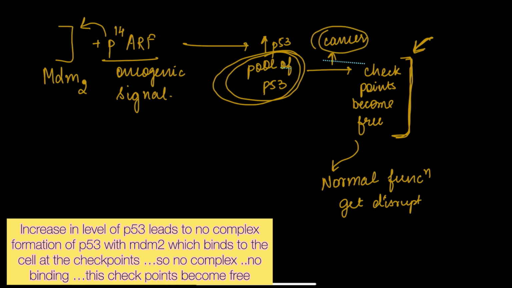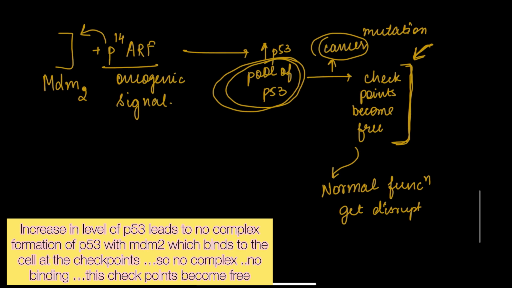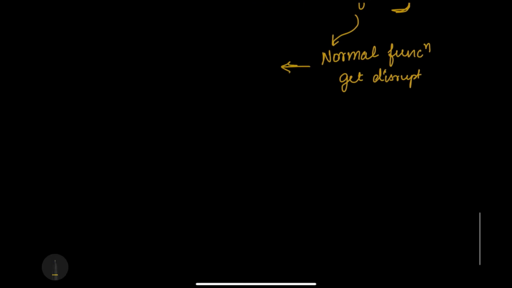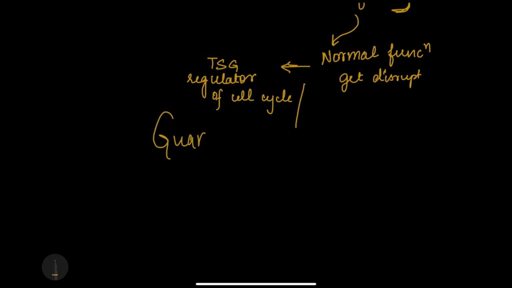Cancer leads to mutation, and in case of mutation the checkpoints become free, normal functioning gets disrupted, and the cell cycle regulation is also stopped. And that is why the tumor suppressor gene is known as the regulator of cell cycle or the guardian of the genome.